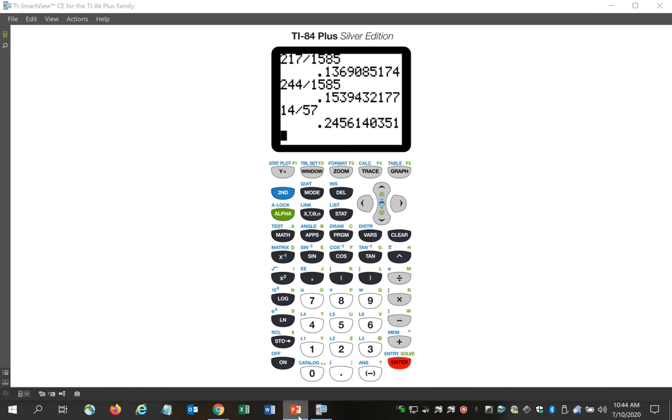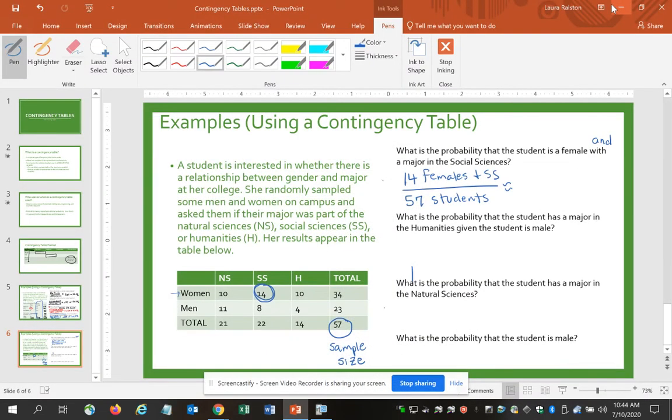It's going to round to 0.246, or approximately 24.6% of the students that were surveyed were females and had a major in social sciences.